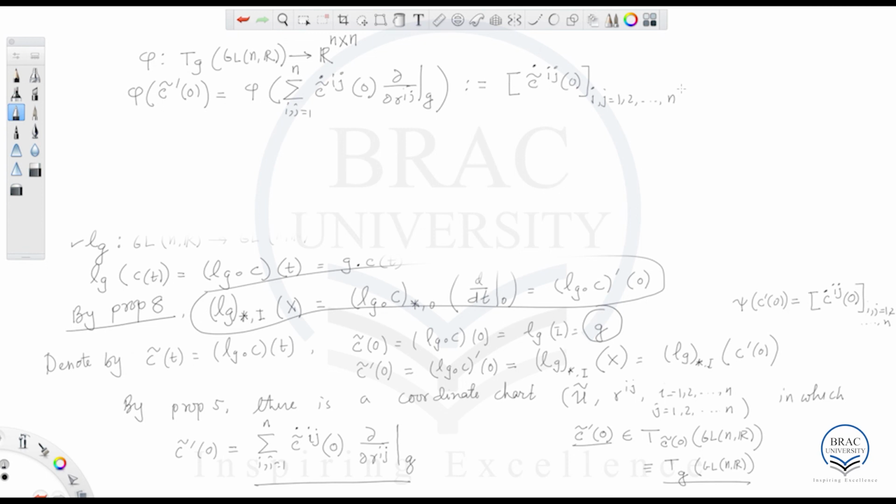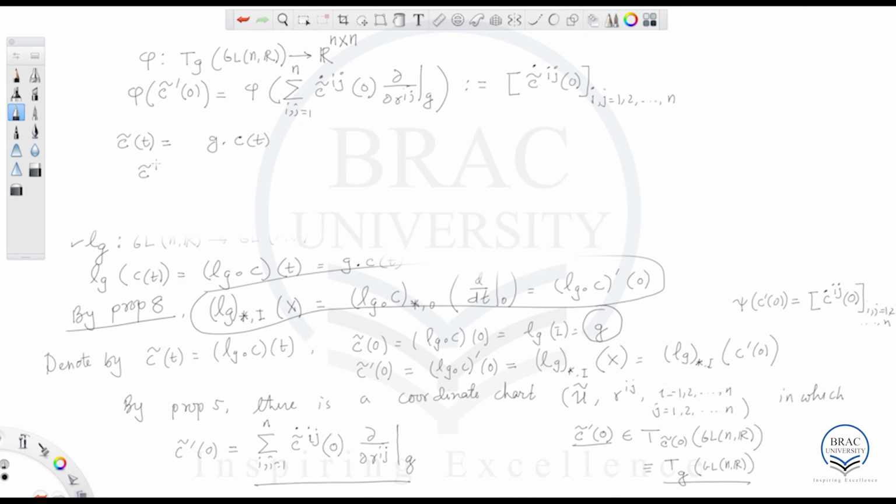Now I want you to see this C tilde of t. By the definition of C tilde, it's just g times C of t as matrix multiplication, right?